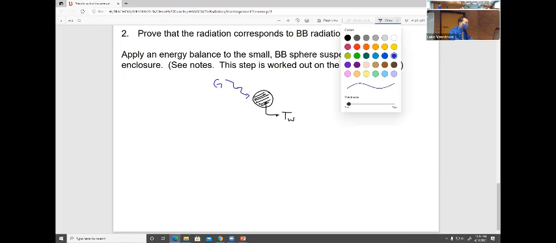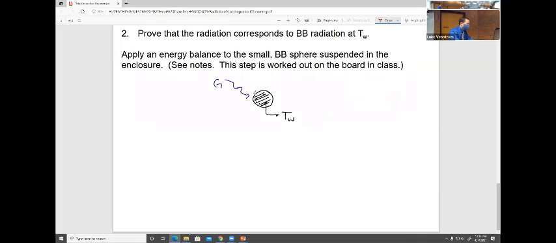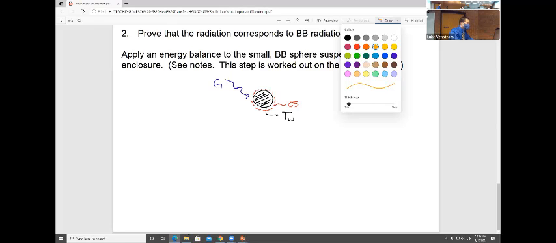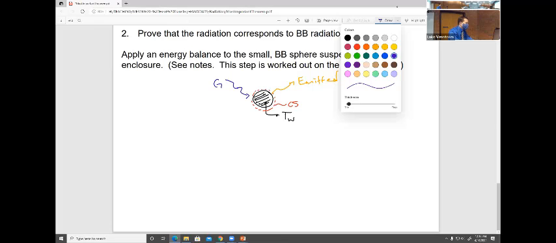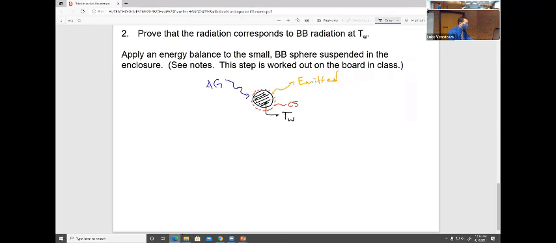Okay, so then I'm going to do an energy balance on this thing. So here is the control surface, and I have, in addition to the incident energy, which is going to be all absorbed, right, some emitted energy. So I'm absorbing G A because I'm absorbing everything. It's a black body surface, and I'm emitting.